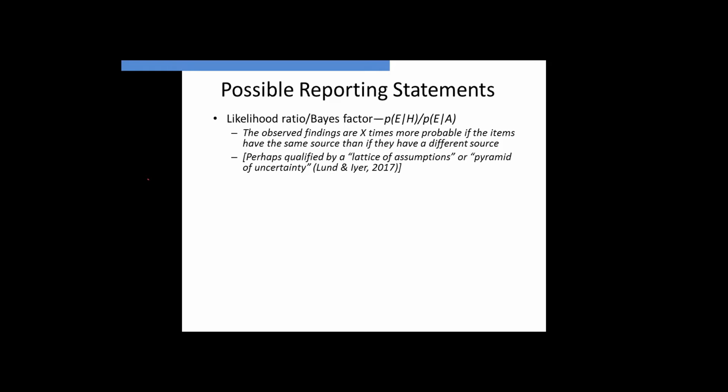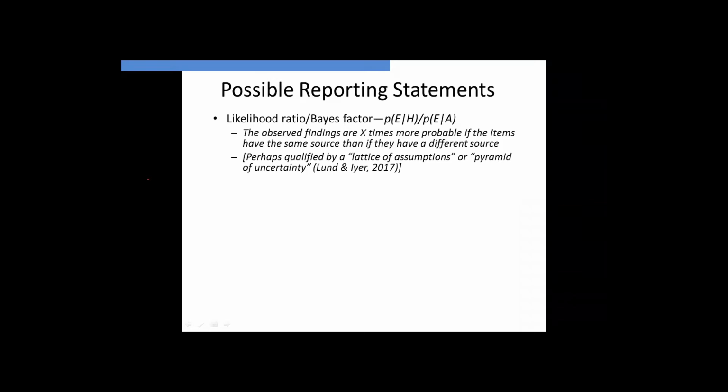Our friends Steve Lund and Hari Iyer recently published a provocative paper in which they argue that it's extremely important, when forensic scientists report likelihood ratios or numbers like this, that they recognize and acknowledge uncertainty that may underlie the number. They talked about the possibility, rather than reporting a single number, of perhaps reporting a range of numbers or different numbers under different assumptions, under what they call a pyramid of uncertainty or lattice of assumptions.